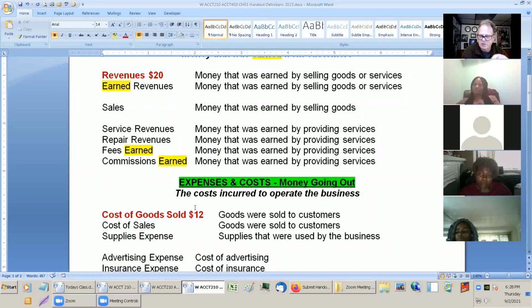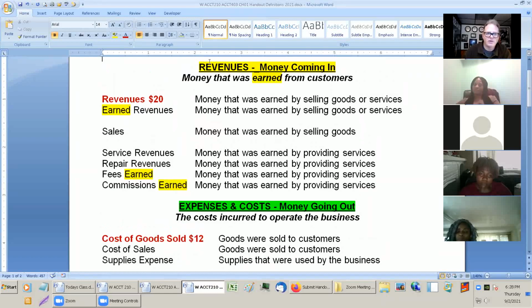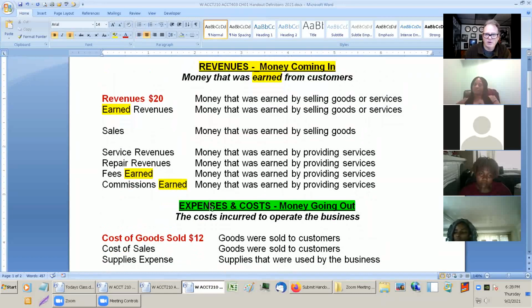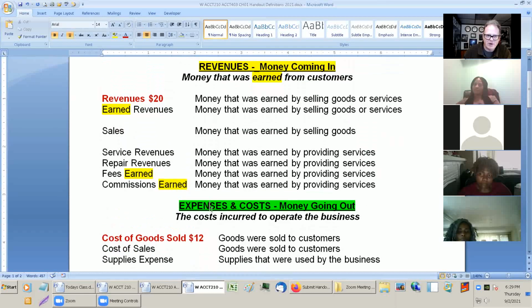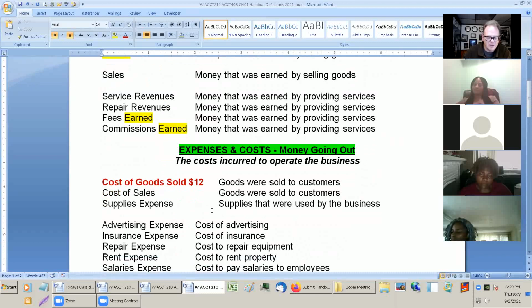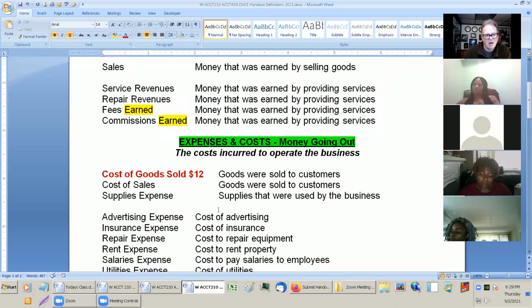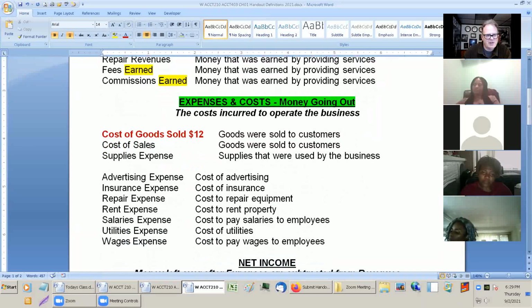So one of the things we're going to do is compare the revenues, the money coming in, with whatever goes out. But a lot of this, I think everybody knows it. It's just a little bit more of a formal format. Okay, expenses are money going out. Supplies are a little bit different. Supplies are something that we use. We'll get to that in chapter 3.